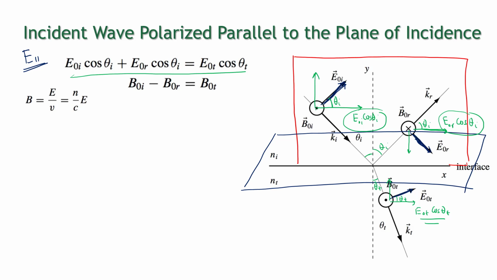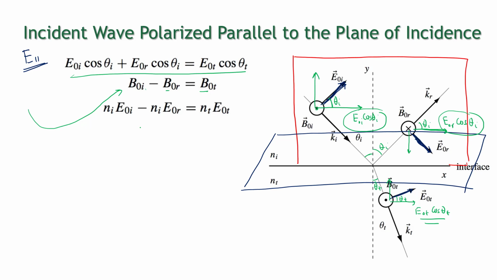Here it's out of the screen, so it's positive, but into the screen is negative, and down here it's also out of the screen, so it's positive. Now just like before, write it just in terms of electric field. So let's write this magnetic field in terms of electric field. So substitute that here, here, and here, we get this equation.